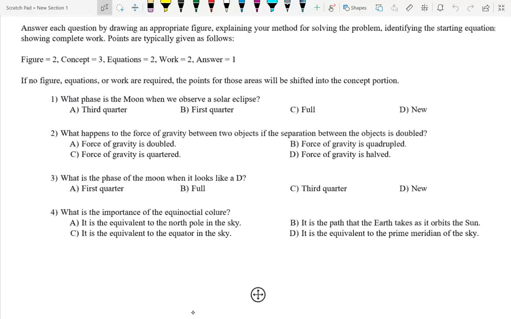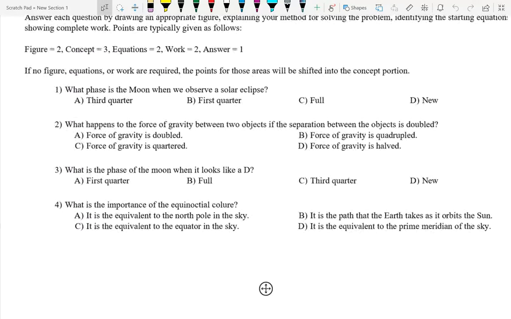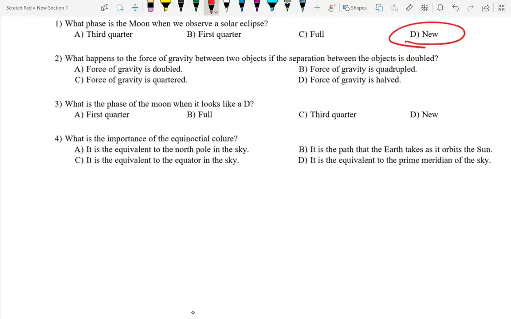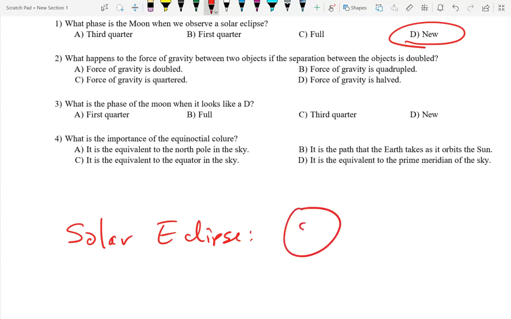Number one, what phase is the moon when we observe a solar eclipse? We talked about this last night in review. In fact, I think we talked about all these in review. Okay, a new moon, because for a solar eclipse, you have the sun, the moon, and the earth.